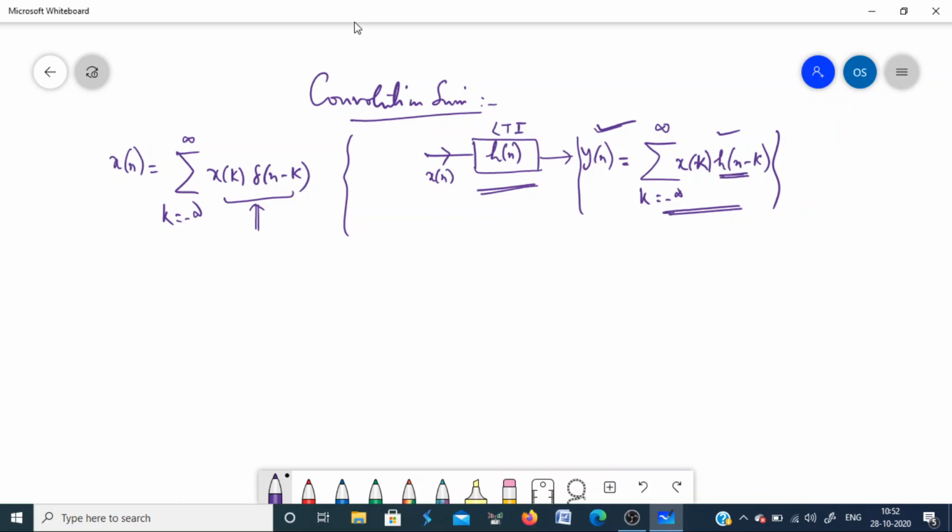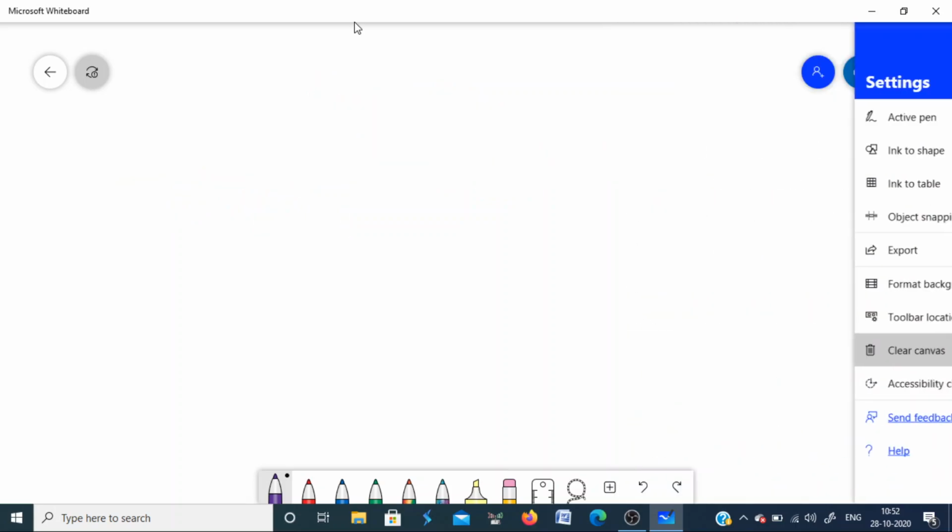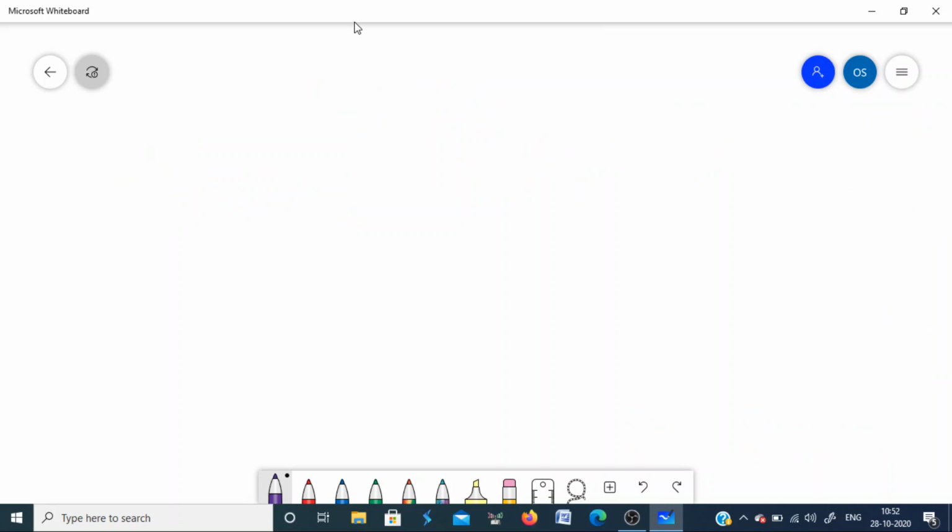Now we will see how you can find the response of a linear time invariant system for continuous time systems, which is given by the convolution integral. And we will use a similar approach here. For the convolution integral, your input is x(t).